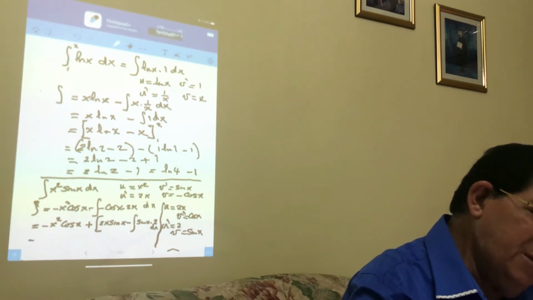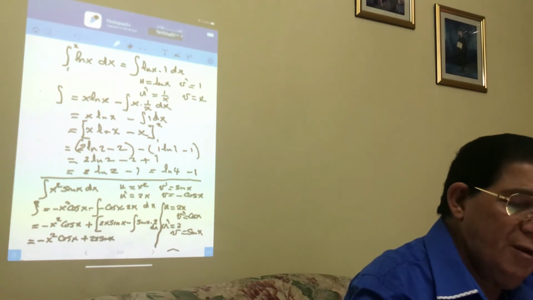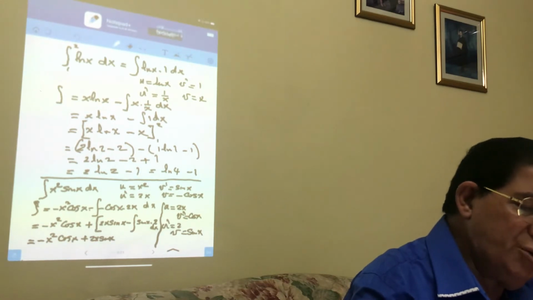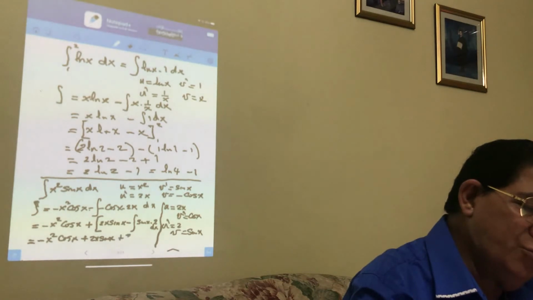This would be negative x squared cosine x plus 2x sine x. Then the integration of negative sine x is cosine x, so plus 2 cosine x plus c.